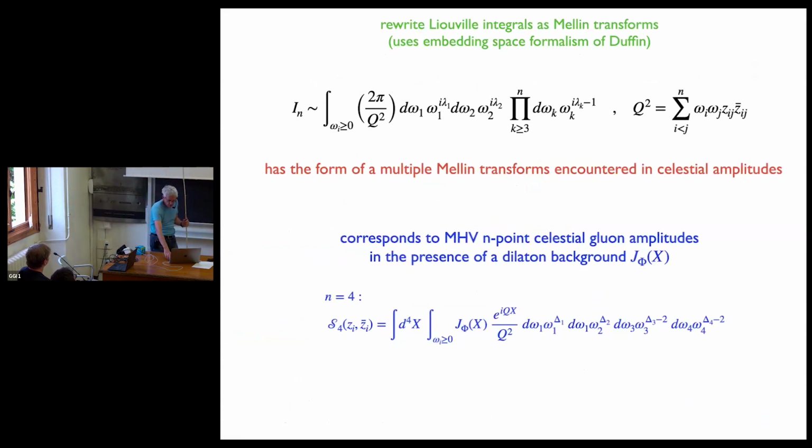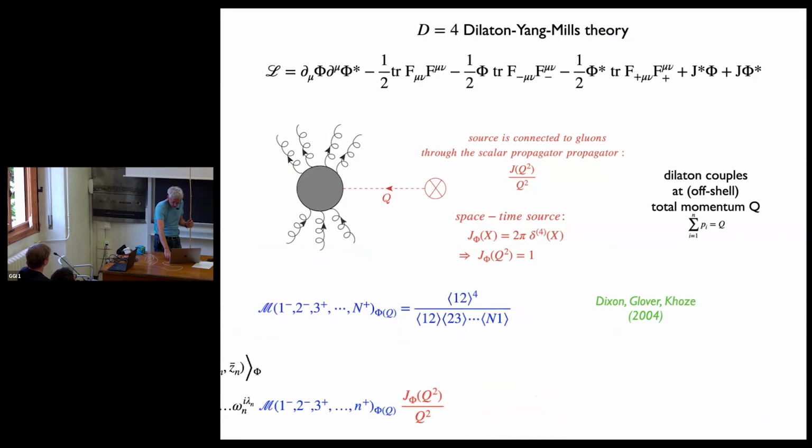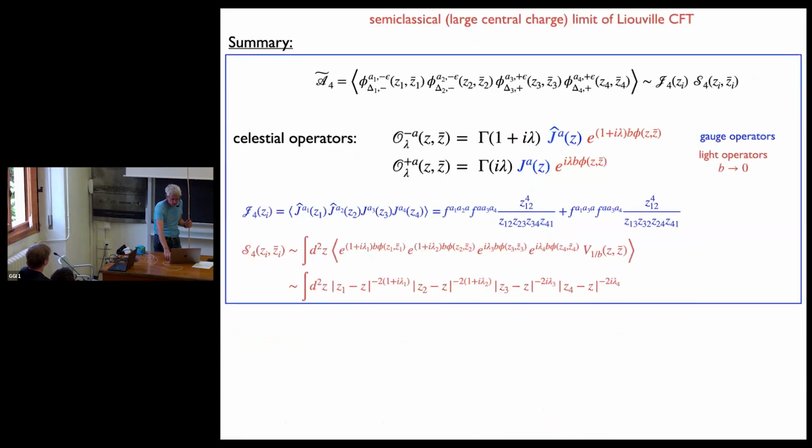So in other words, now let's summarize. What we have now is that we consider gluon amplitudes, celestial gluon amplitudes, and they can be described as this partial differential equation.